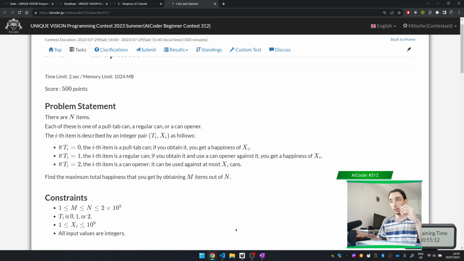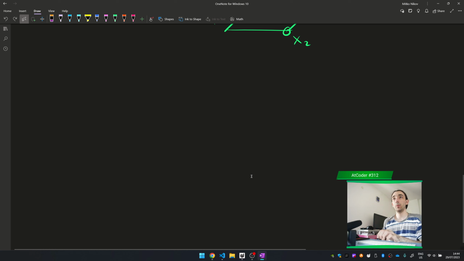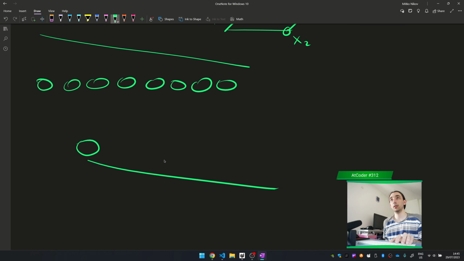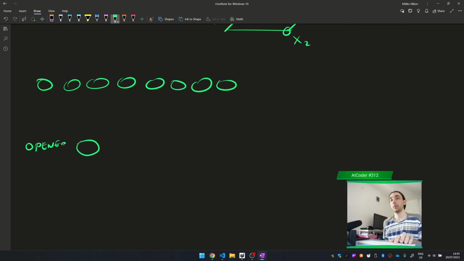Okay, and each can opener can open some amount of regular cans. So these are sorted like this in happiness, and these like this by can opener. So this is opener, and this can open the most cans.